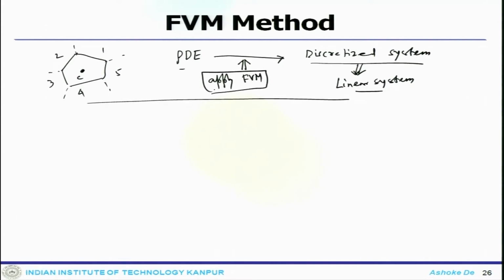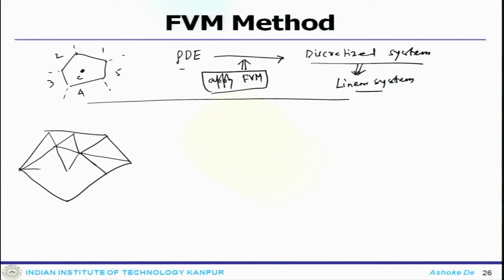Now, there will be a couple of variable arrangements. One can, for example, what we have chosen, I can have a geometry like this, and inside that I can distribute them in this kind of triangular element. Okay.